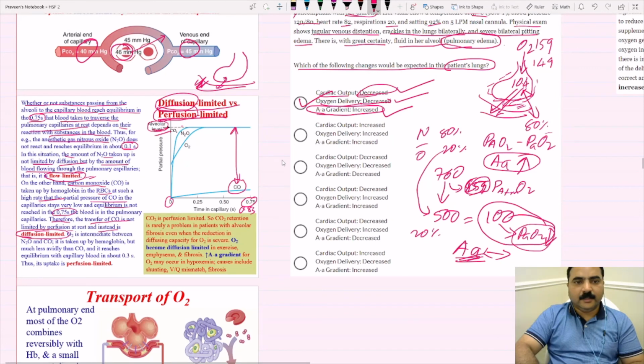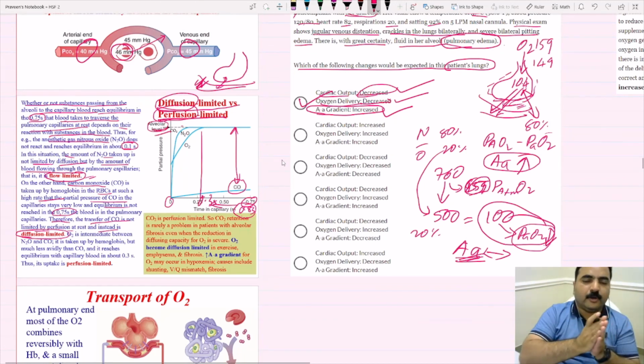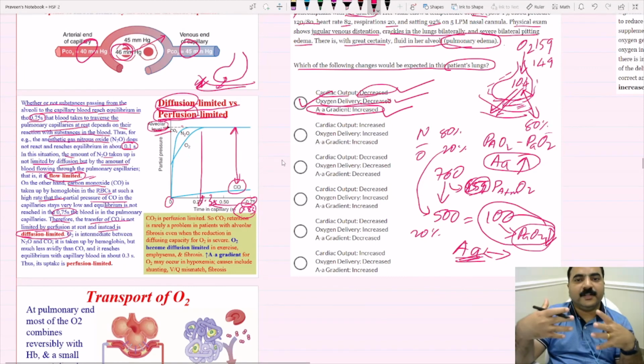So oxygen is intermediate between. Okay, it takes approximately 0.3 seconds to reach equilibrium. So if the cardiac cycle duration is not 0.8 seconds but is reduced to around 0.3 seconds, there is no sufficient time for the oxygen to get equilibrated between the alveoli and the blood. It may not reach equilibrium. So what will happen?